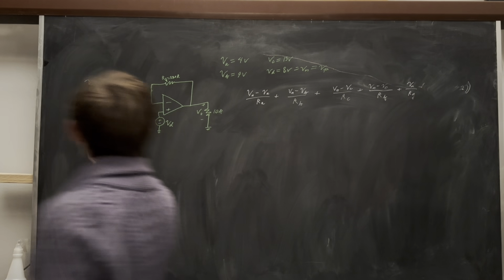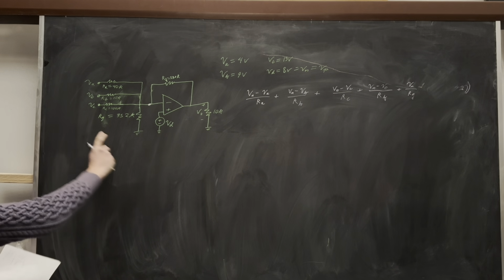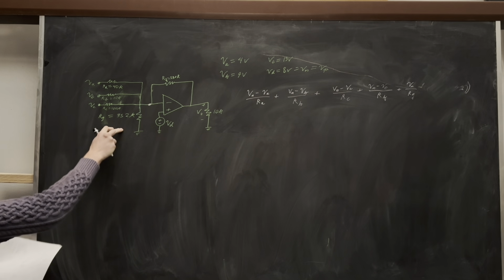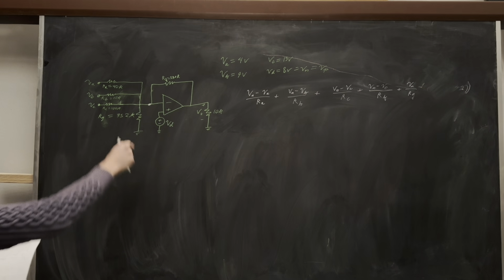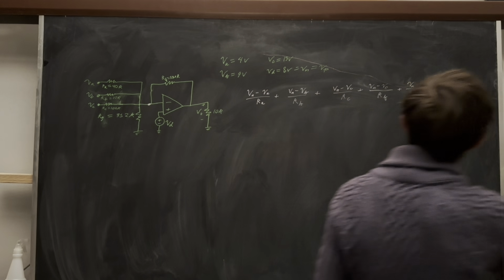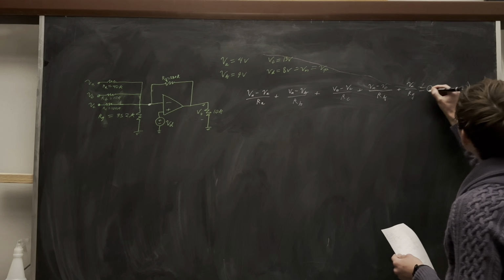I didn't name this Rg in the problem, I named it that so that I could use a variable for it. It's just the current going from here to ground. This all equals 0.